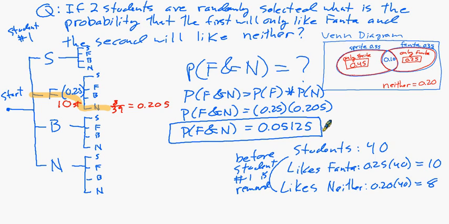Here's the answer. A little over 5% chance that the first student will like Fanta and the second student will like neither. All right. This is now just a pretty standard multiplication rule, picking off the probabilities from the tree diagram.